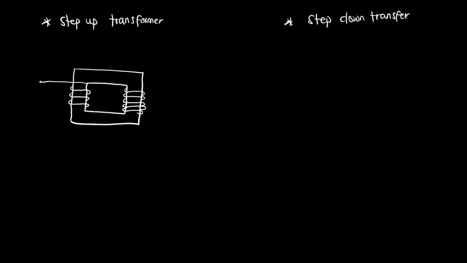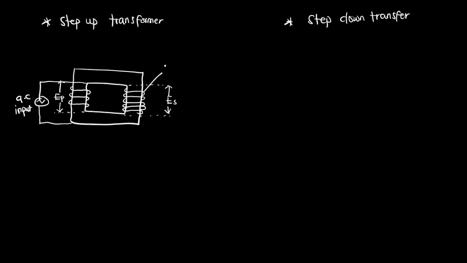So we have our alternating current source, or our AC source over here. This is our AC input. The distance from here to here is our primary EMF, and the distance from here to here is our secondary EMF.